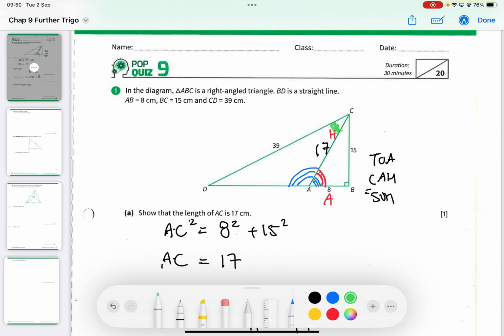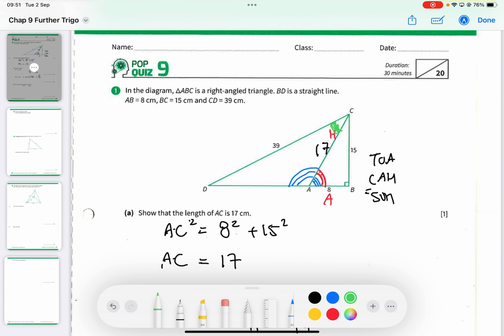Okay. Just now they asked us to find sine of this angle. They guide us to find sine of this angle. Then now we want the angle of CAD. So now we should be looking at the triangle ACD. And triangle ACD is not a right angle triangle. We must be thinking of the next step. Can I use my sine rule already? Then I have the sine of this angle.